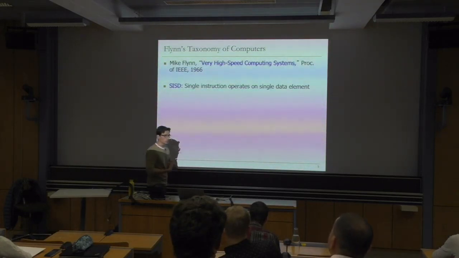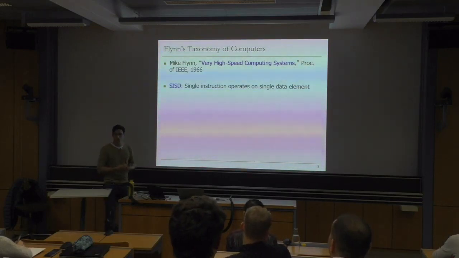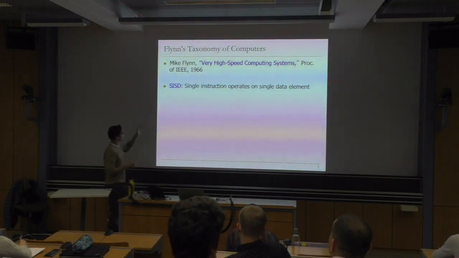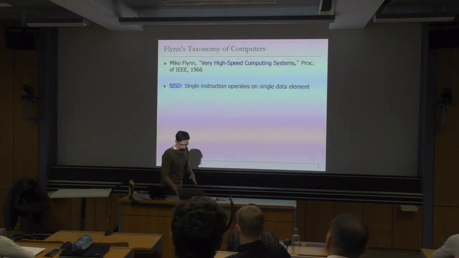The simplest of these categories is SISD, single instruction, single data. This is what we understand by a sequential machine, or a scalar machine, where we operate one single instruction on one single data element.